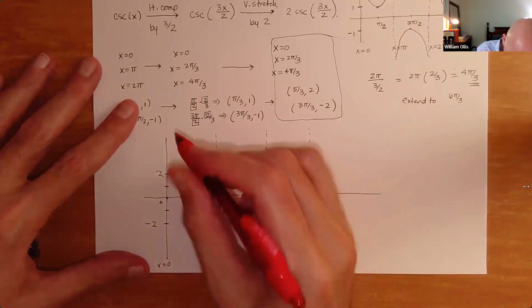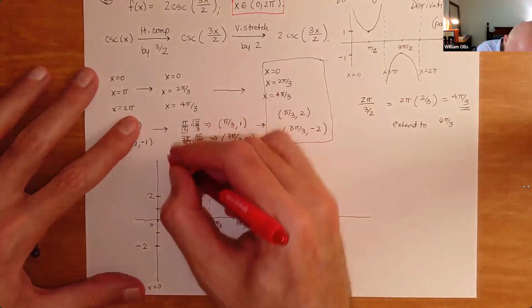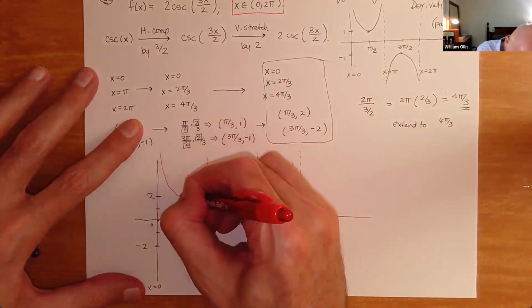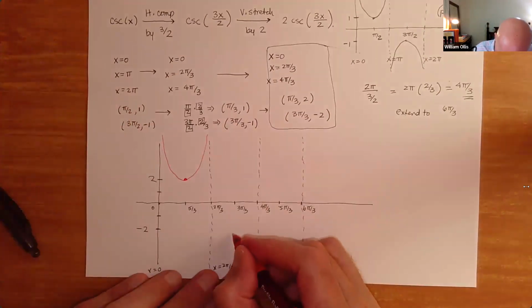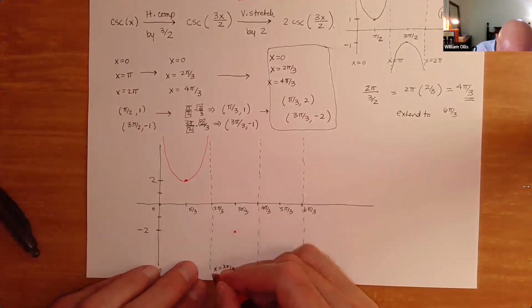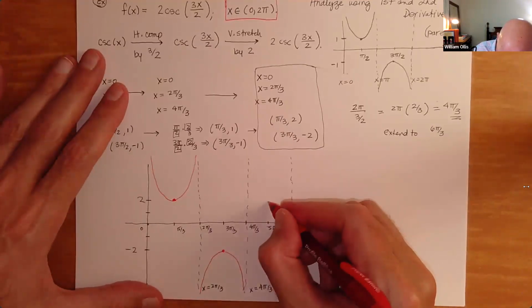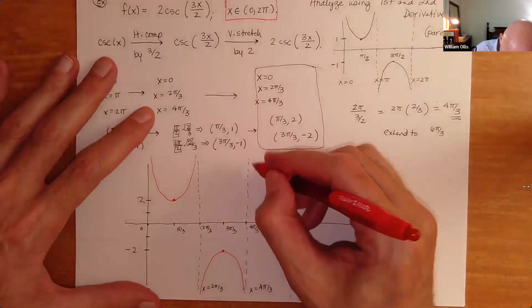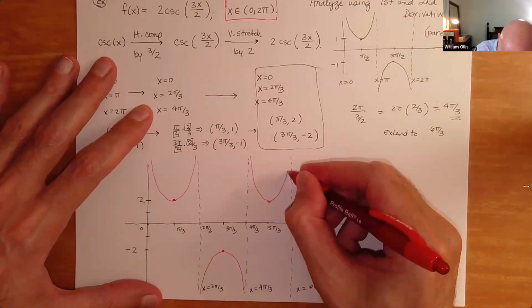So again, we just have our cheat graph up here and draw it. And then we go here, do the same. And then back to here, 5 pi over 3, just copying that, replicating that curve right here.